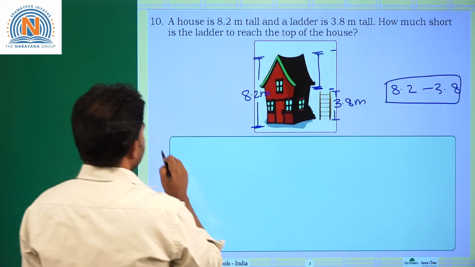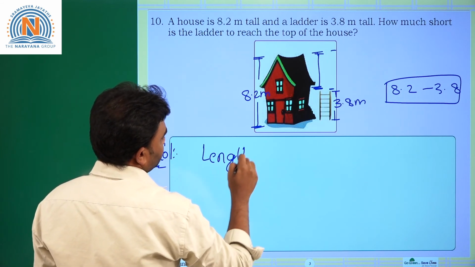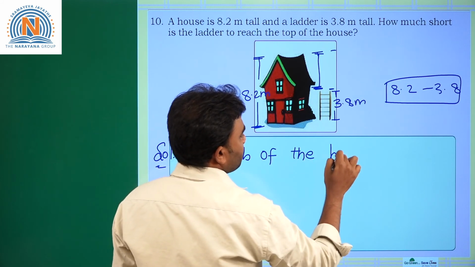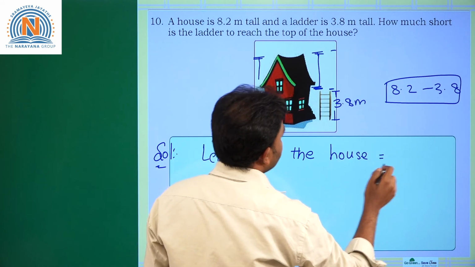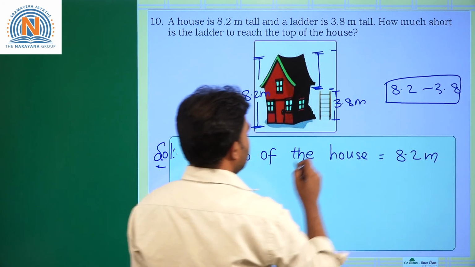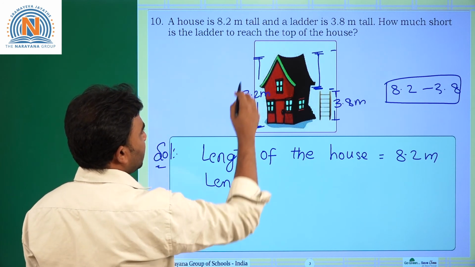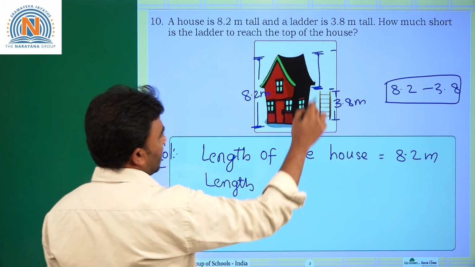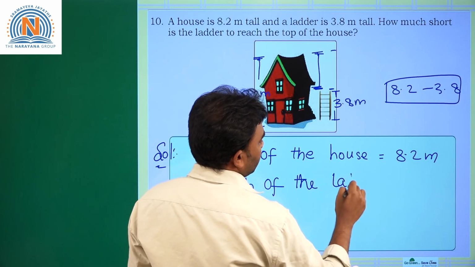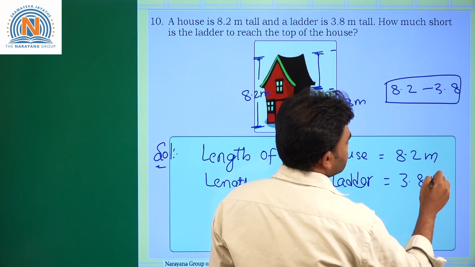Take the steps. First of all, solution. Length of the house is 8.2 meters, and the length of the ladder, or we can also call it the height of the house and height of the ladder, is 3.8 meters.